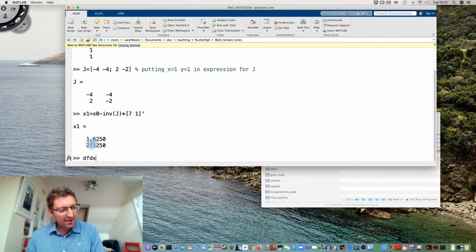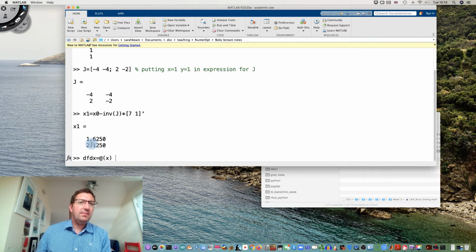So df by dx as a function. This is called, in your basic MATLAB, an anonymous function. By that I mean that you can do functions in two ways in MATLAB.